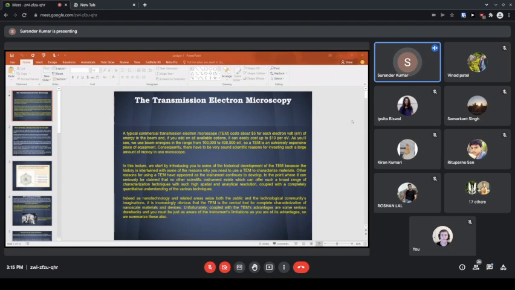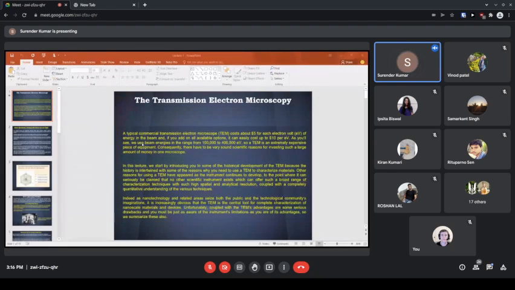Typically, if we talk about a commercial TEM, transmission electron microscope, where your electrons are passing through your sample, your sample should be electron transparent, meaning very thin. A commercial transmission electron microscope costs about $5 for each electron volt of energy in the beam.